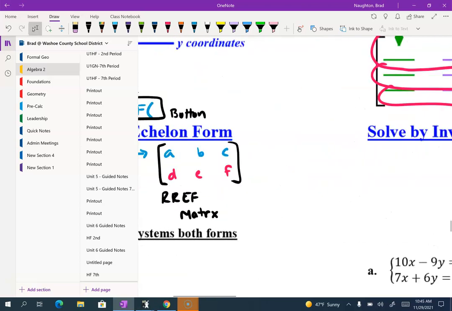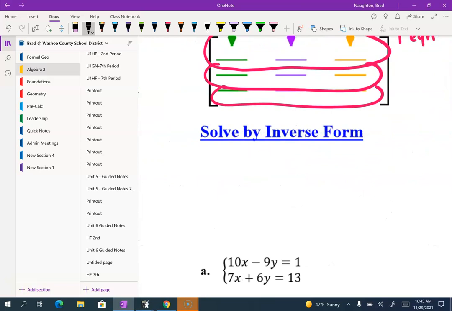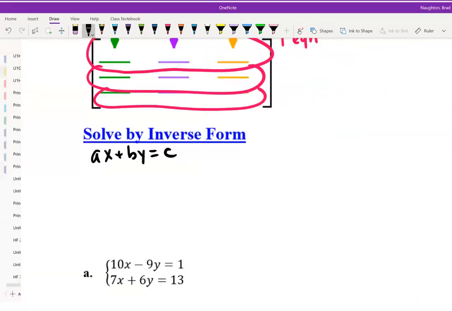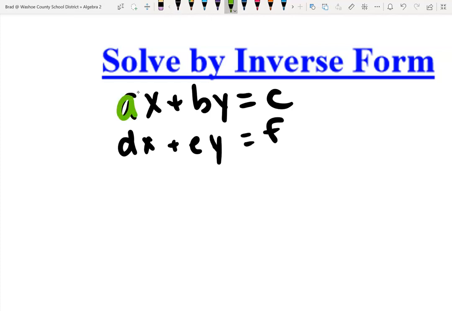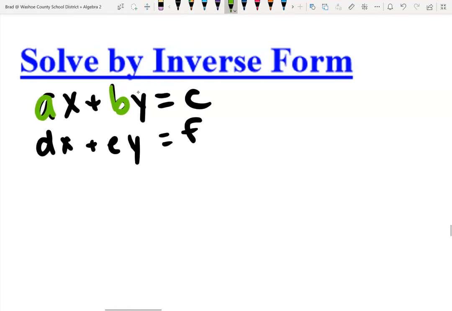And then if it's asking for inverse form, that's going to be a little bit different, but we'll use the same notation. So ax plus by is equal to c. Sorry, we're going to make this bigger so we can see it. Then dx plus ey is equal to f. So I'm going to take the a and the b, and that's going to become the top row of a matrix.